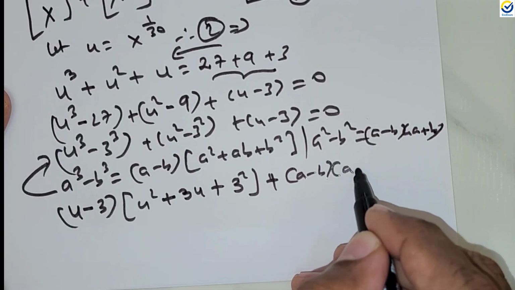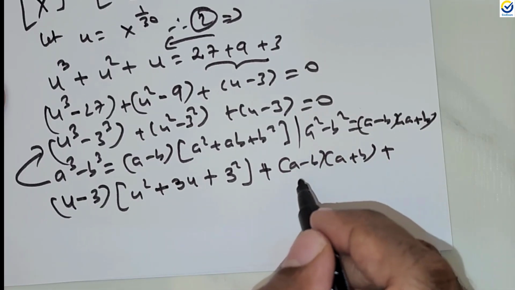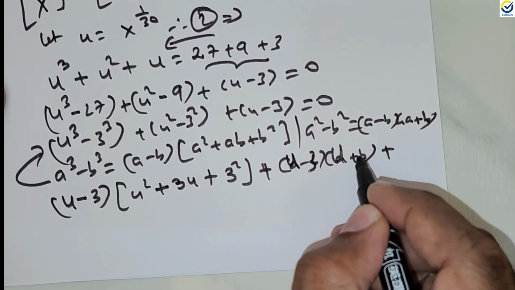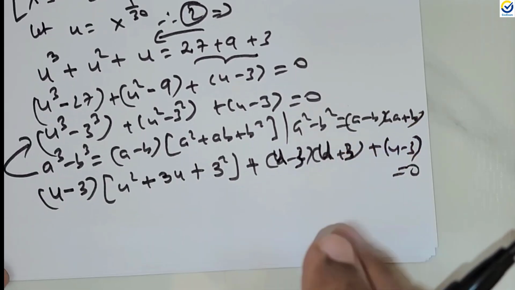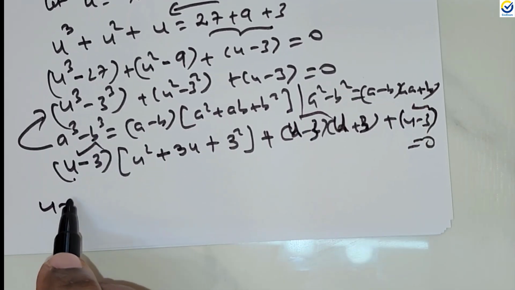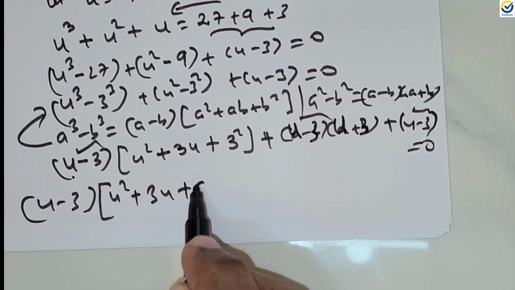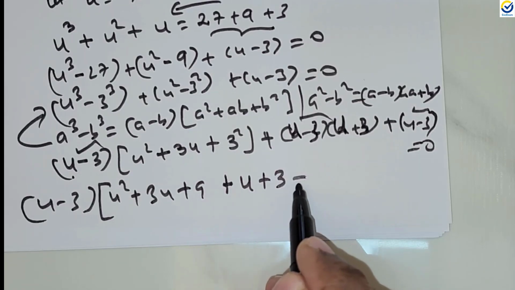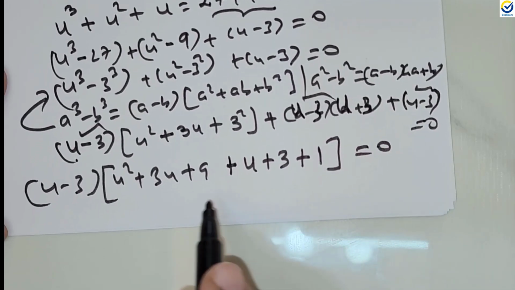So we write u minus 3 and u plus 3, followed by u minus 3, equal to 0.